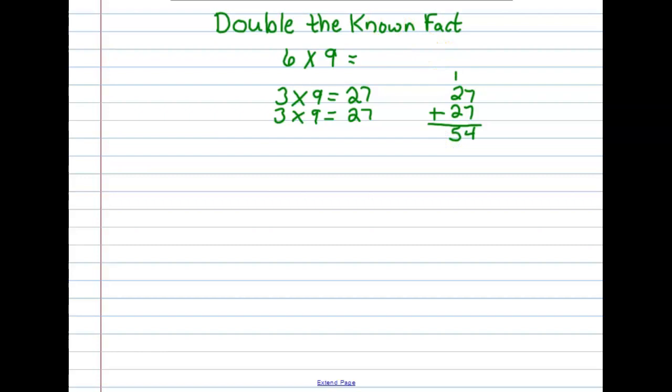When you use an array to show this, really what's happening is when you do a 6 by 9, 1, 2, 3, and then if I take a look at this, I'm going to change my color here. 1, 2, 3.